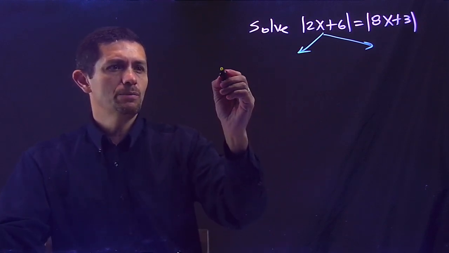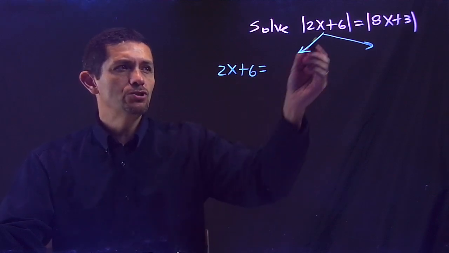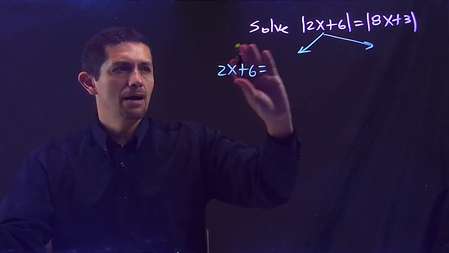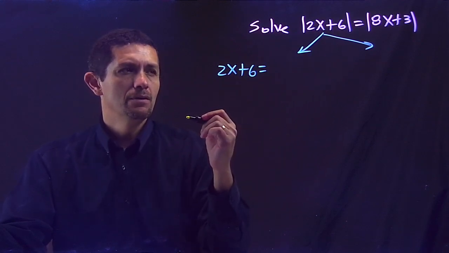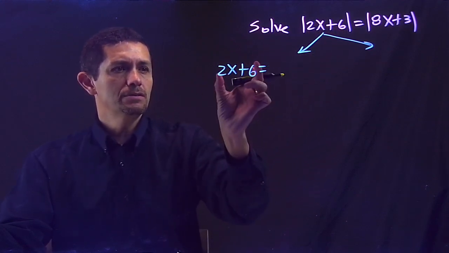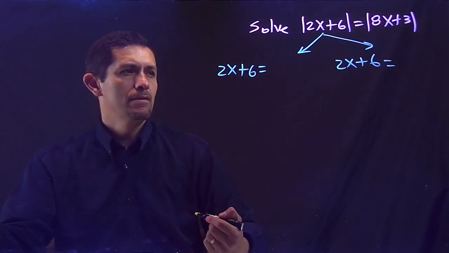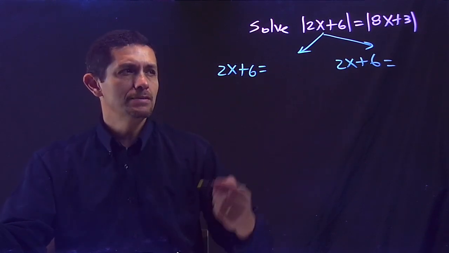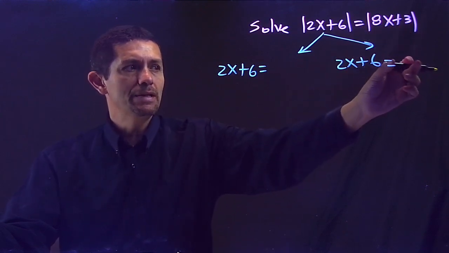My first part is going to be 2x plus 6. I don't change anything that is on the inside at all. If that was a negative, then I'll bring a negative. Then I'll bring this on both sides. This part is going to be positive and this part is going to be negative.